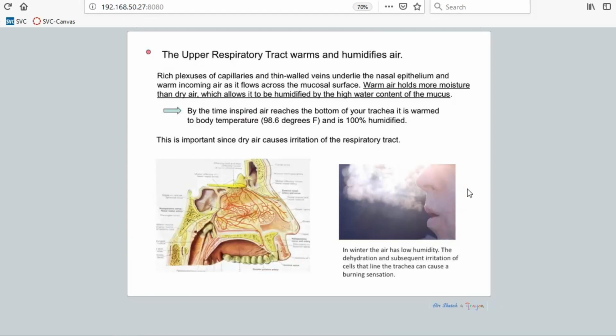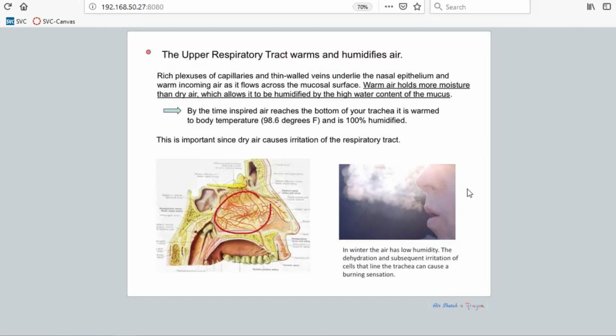Another thing that happens in the upper respiratory tract is we warm the air and we humidify it. And the reason this is important, what we really want is this air to be humidified. Dry air causes irritation of the respiratory tract, so we want to humidify it. And to humidify it fully, we have to warm it up. And so we warm it up, and that allows it to hold more moisture, which is what we want. And so how does this happen?